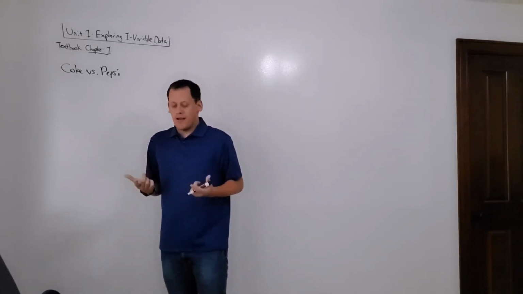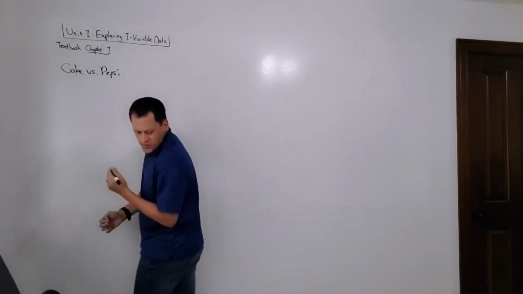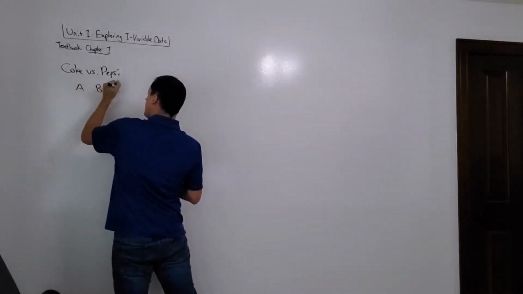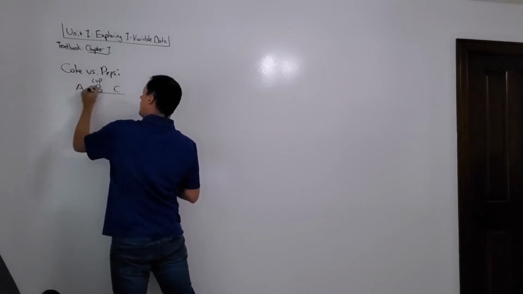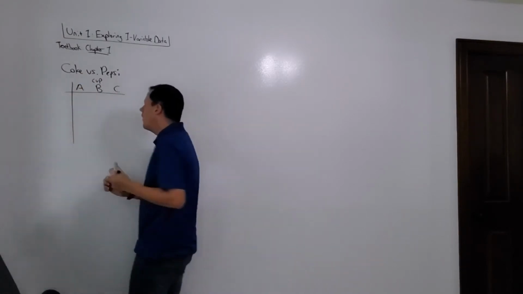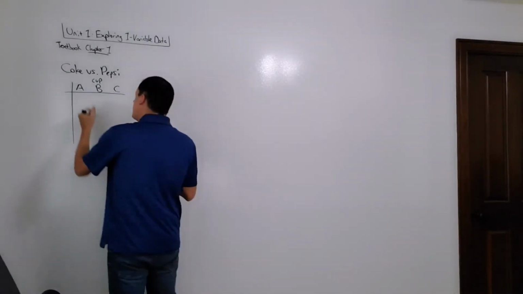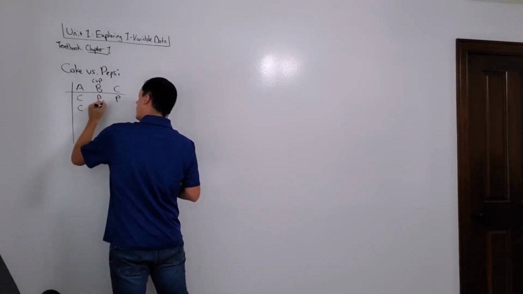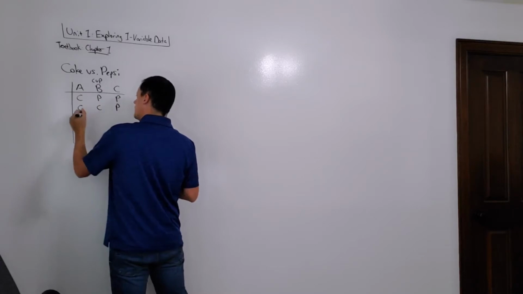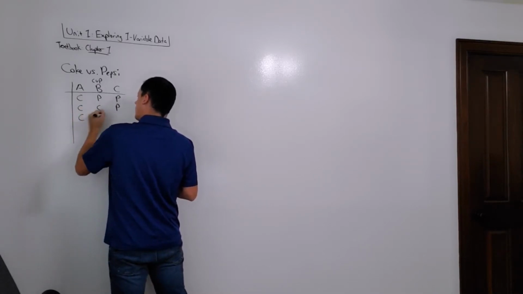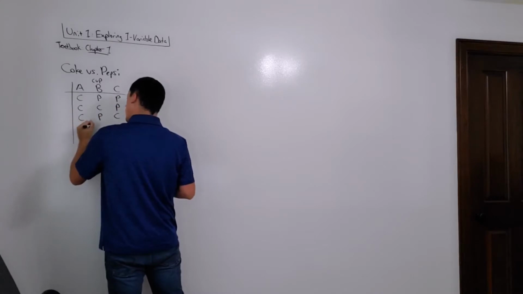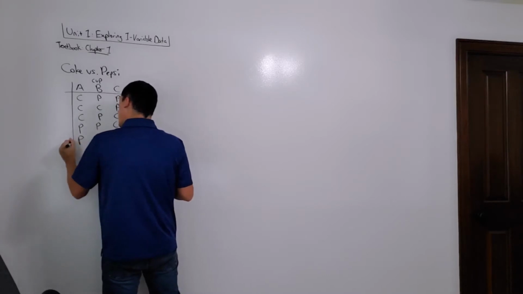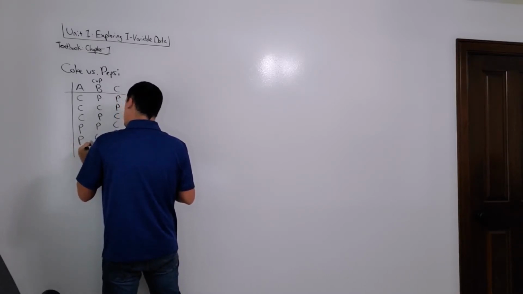So if you think of all the possible combinations of the two, we could have cups A, B, and C. All the possible different combinations could be Coke, Pepsi, Pepsi; Coke, Coke, Pepsi; Coke, Pepsi, Coke; Pepsi, Pepsi, Coke; Pepsi, Coke, Pepsi; and Pepsi, Coke, Coke.